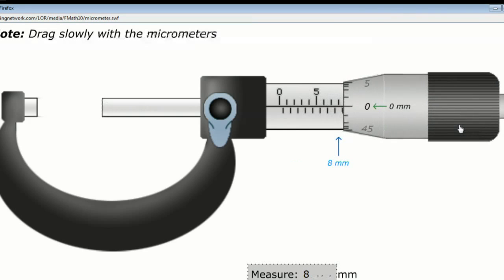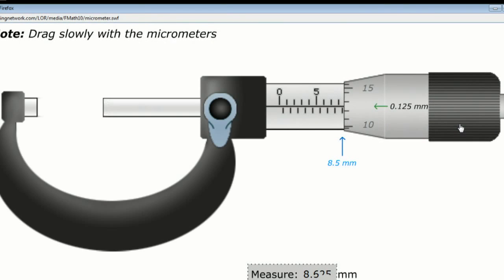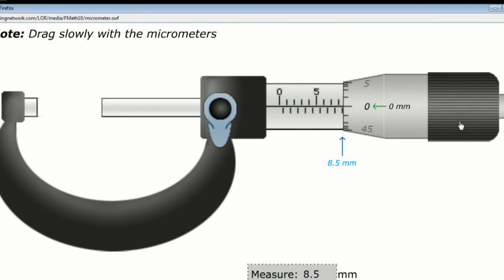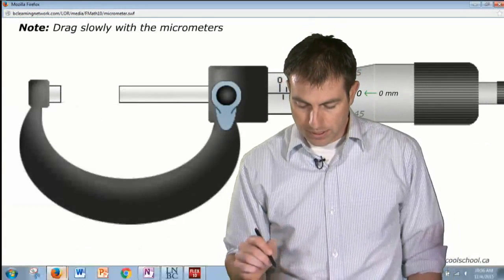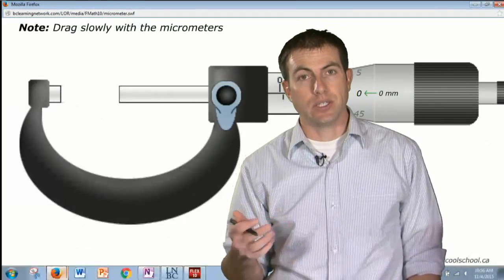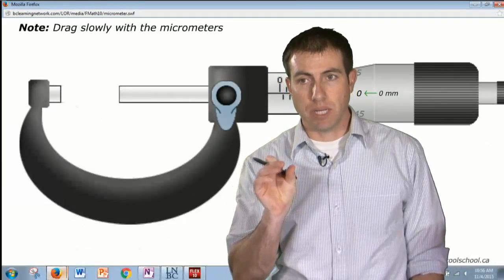So if we look at how a micrometer works, the distance inside the micrometer here is going to be a lot smaller than a caliper. So micrometers are used, and they're even more accurate than a caliper, in terms of the distances that they're measuring.